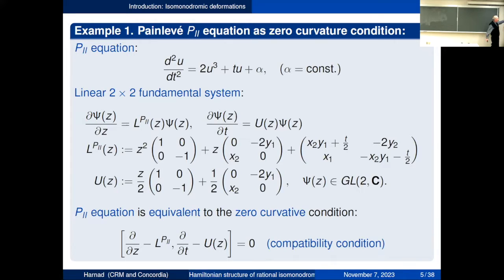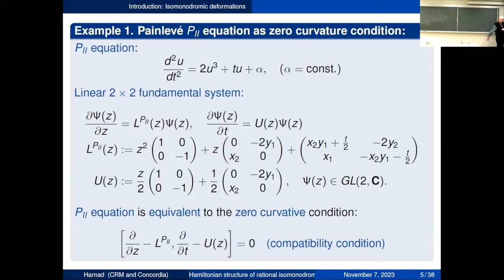So psi takes values in the general linear group, and z we sometimes call the spectral parameter. The differential equation is always in the complex plane, and it's a first order differential equation, rank 2. And that is the equation whose monodromy we want to preserve.